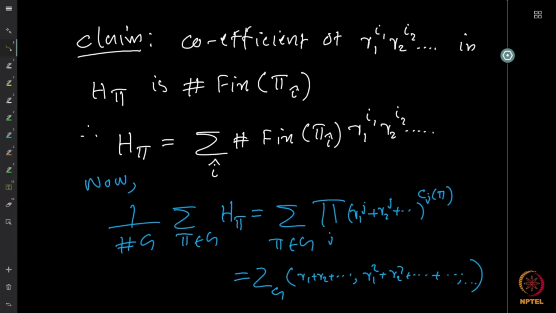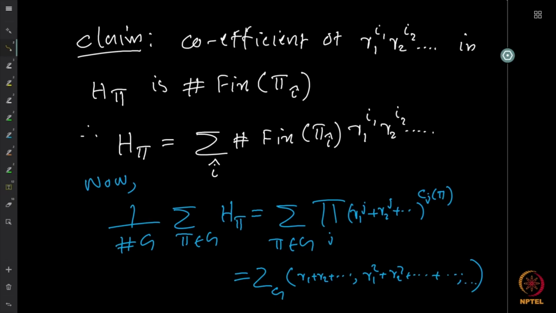Now, therefore, we can write h pi as a summation over all I cap of the cardinality of fix of pi I cap times the monomial r1 raised to i1, r2 raised to i2, etc. So this is what S pi is.